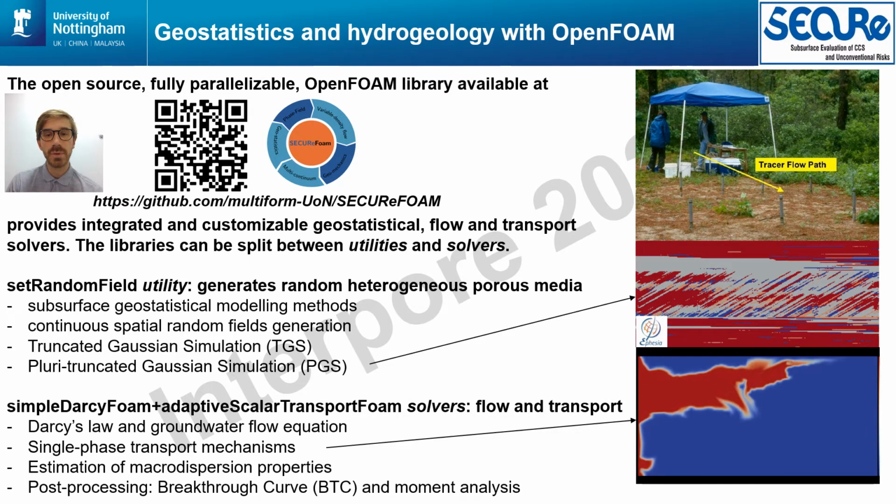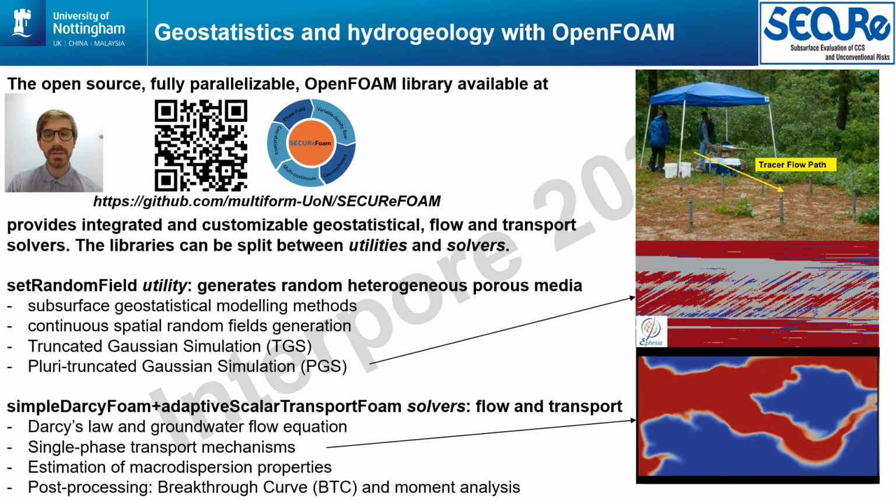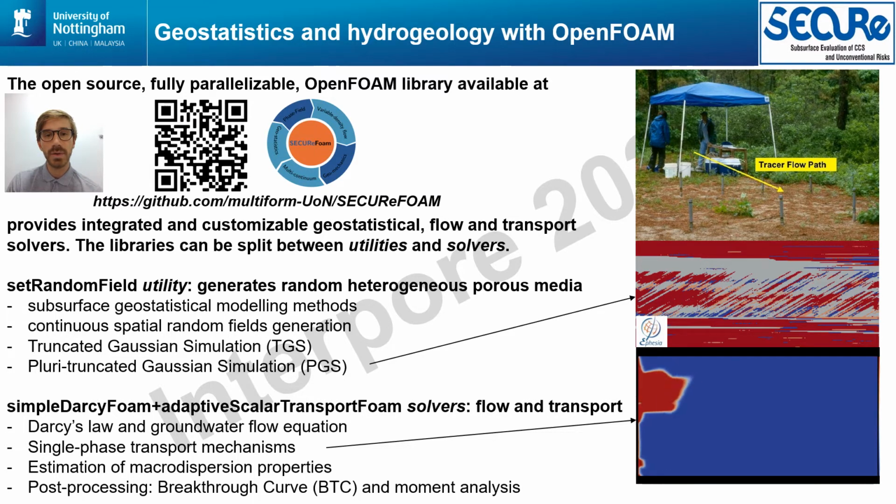The flow and transport part relies on classical OpenFOAM partial differential equation solver capabilities in a new Eulerian framework. A great advantage of using the OpenFOAM library is that all our solvers and utilities come fully parallelized out of the box.